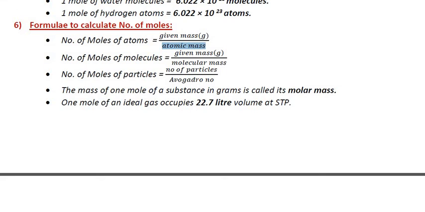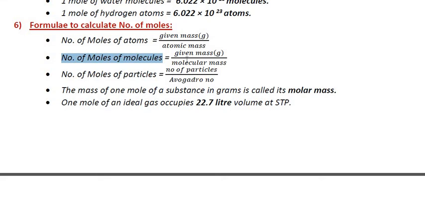Now we come to the next formula. This was the number of moles of atoms, like the examples I gave of copper and iron. But what if the atom is present in the form of a compound? If the element is present in the form of a compound, how will we calculate the number of moles? So, number of moles of molecules.